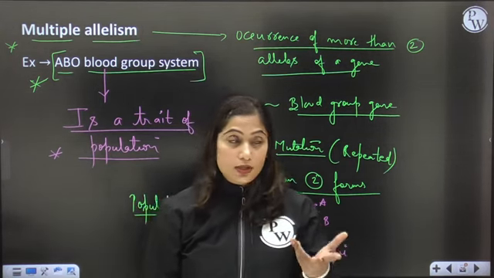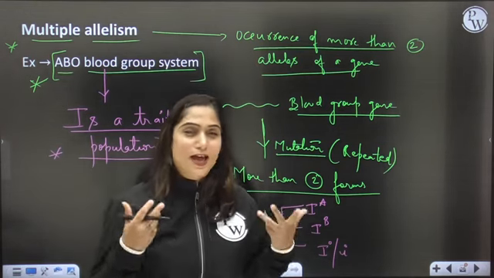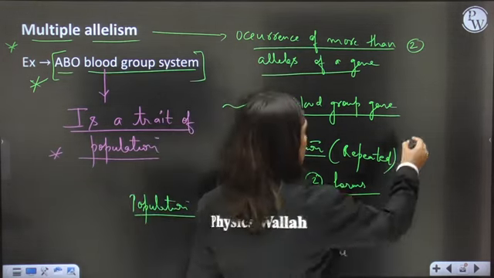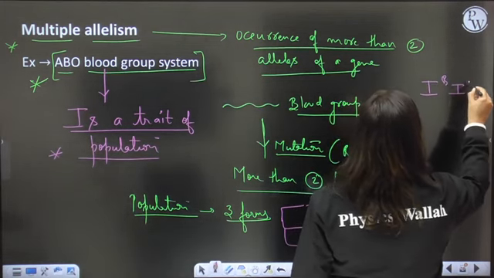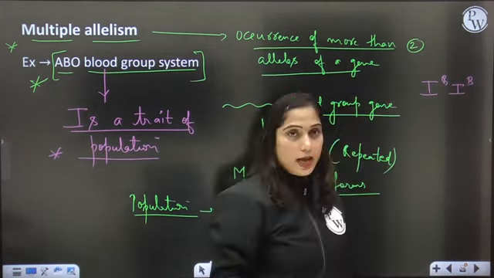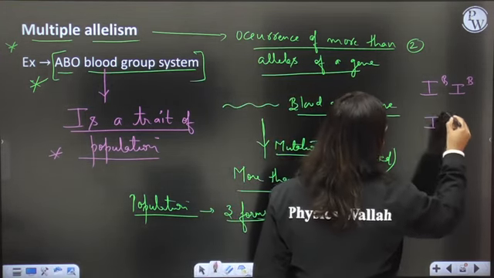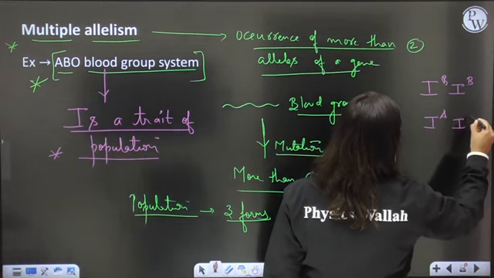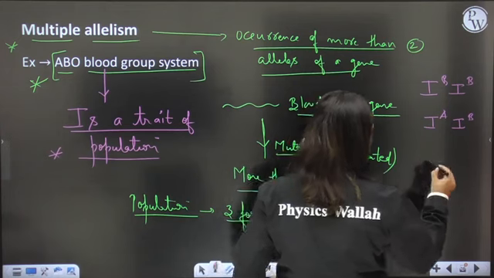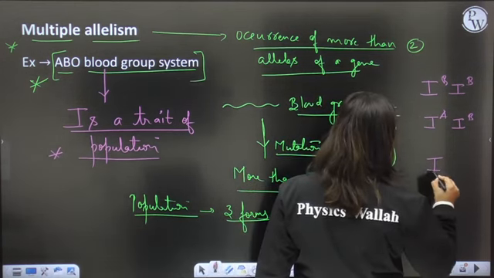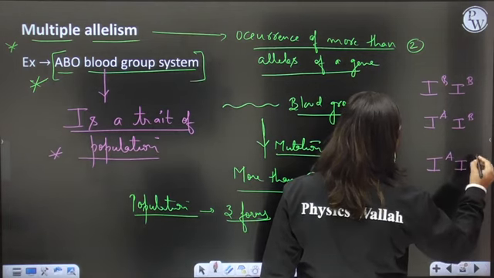Like how we understand this: suppose I have the blood group B. And suppose my sister's blood group is AB, and my daughter's blood group is A.